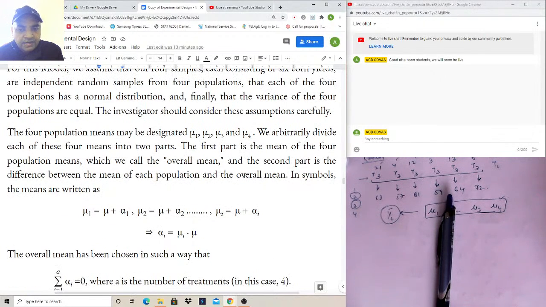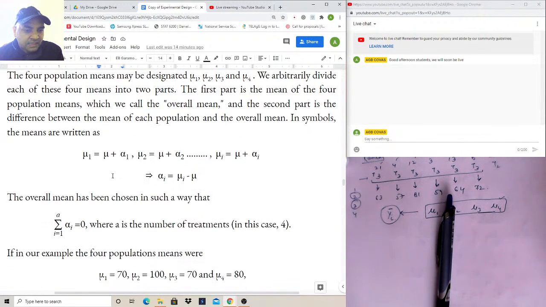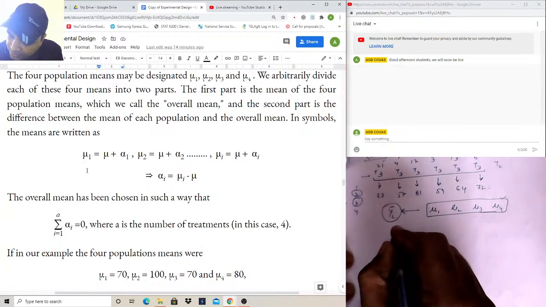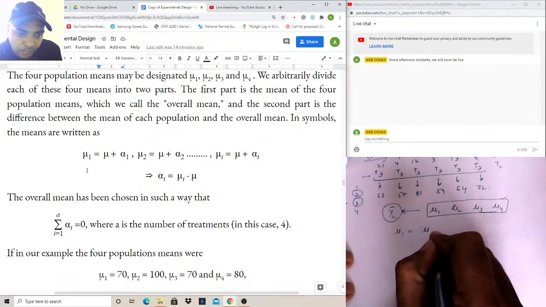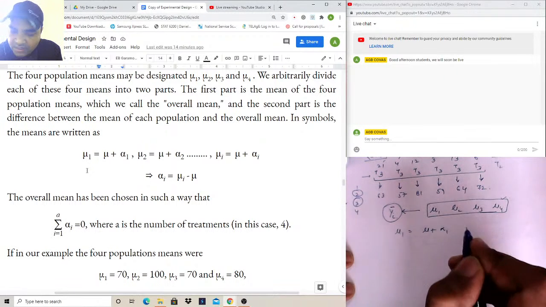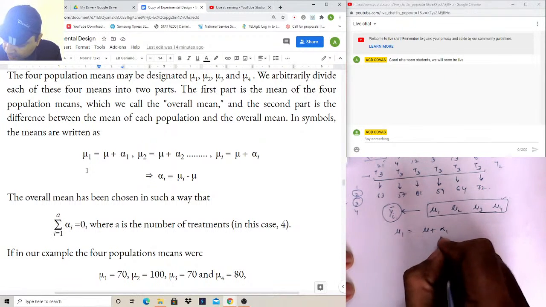So, we arbitrarily divide each of these 4 means into 2 parts. The first part is the mean of the 4 population means, which we call the overall mean, and the second part is the difference between the mean of each population and the overall mean. Okay, in symbols we can say that mu1 will be equal to mu plus alpha 1. And what is this alpha 1?